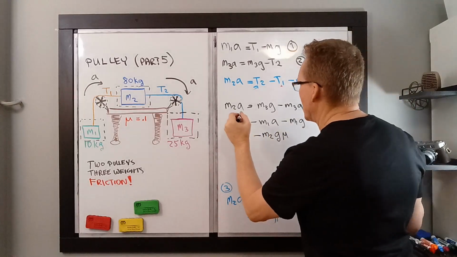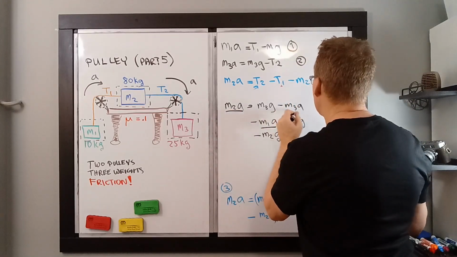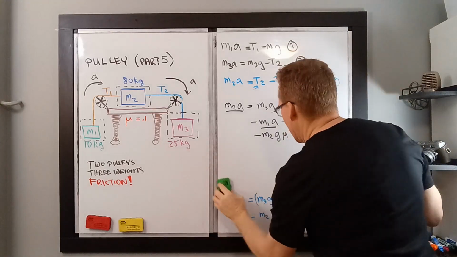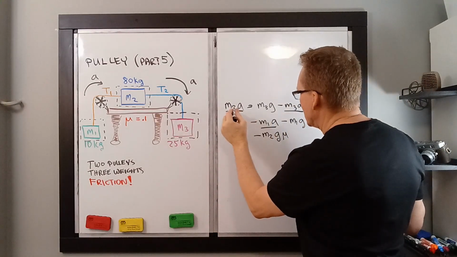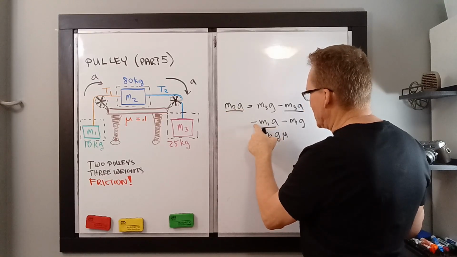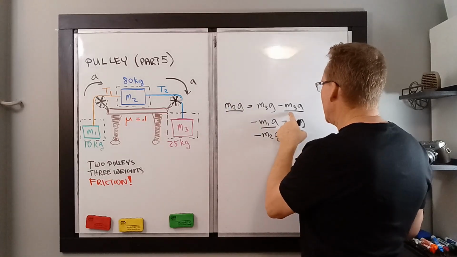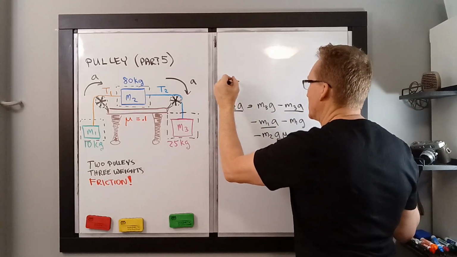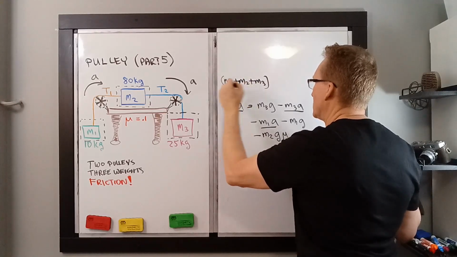Now notice, I'm going to take all of the terms with acceleration in there. That one, and this one. Now here we have, this is m2a, this is m1a, but it's a minus sign. So that would be plus if I move to this side. This is m3a, it's going to become plus. So it's going to be m1 plus m2 plus m3 all times acceleration.